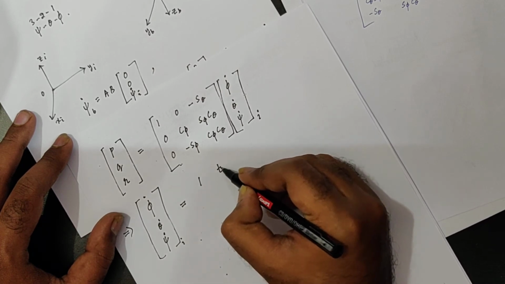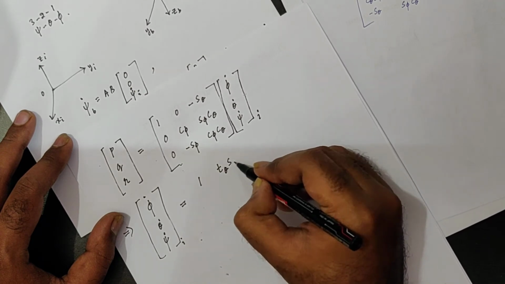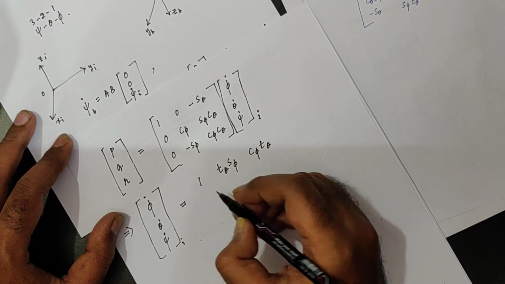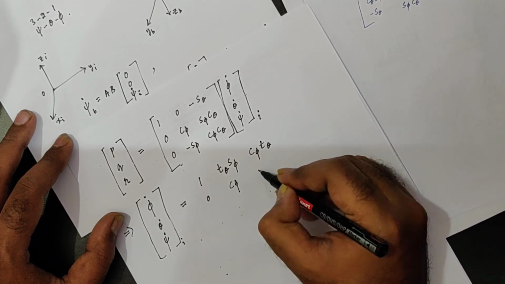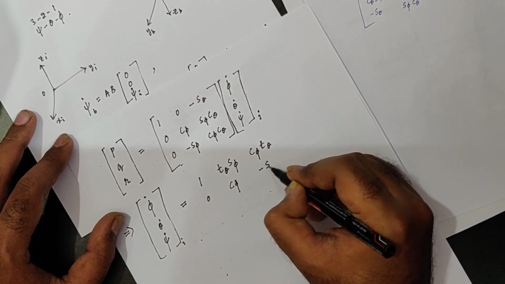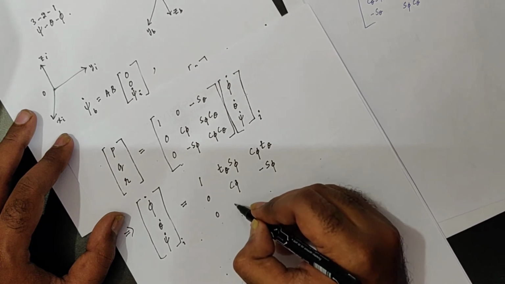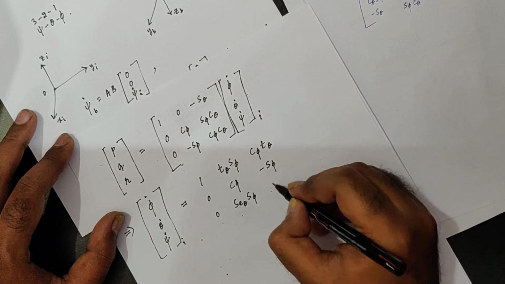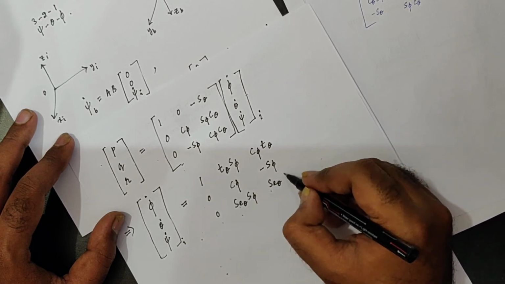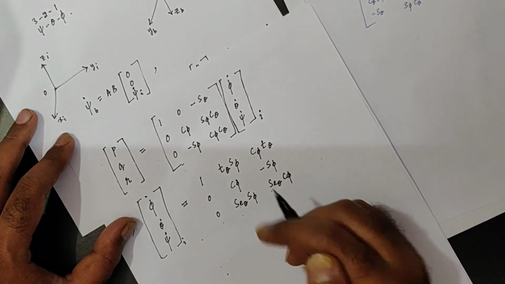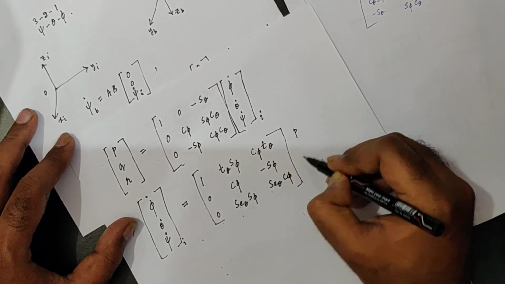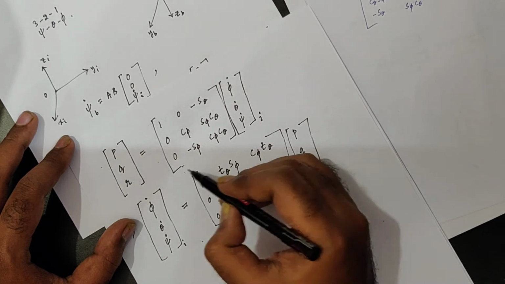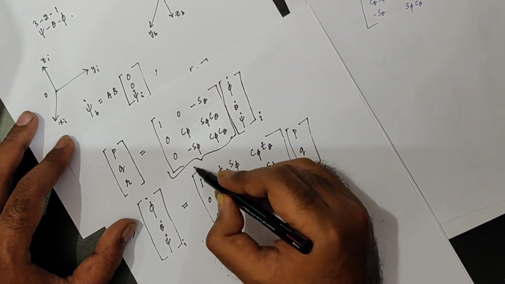1, then sin phi tan theta, then cos phi tan theta, then 0, cos phi, then minus sin phi, then 0, then sin phi sec theta, then cos phi sec theta, times P, Q, R. As we saw earlier, those transformation matrices were orthogonal, but this particular transformation matrix is not orthogonal.